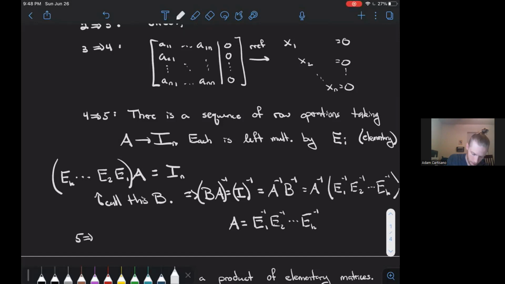Okay? And by the way, 5 implies 1 says that if A is a product of elementary matrices, each elementary matrix is invertible, and the product of invertible matrices is invertible, right? And so the product is invertible.